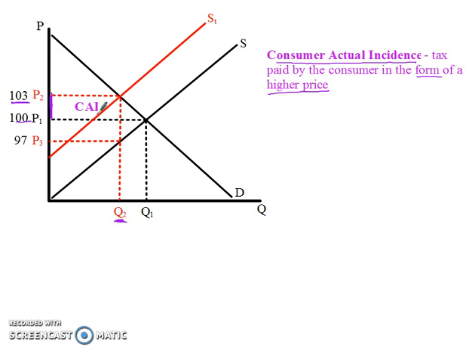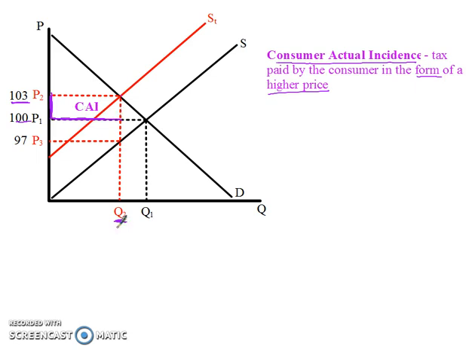So to get the full consumer actual incidence, you have to take the amount of the tax that they pay, which is $3 of the $6 tax, multiplied by the number of units that they buy, Q2. That's the height of 3 times the base of Q2.